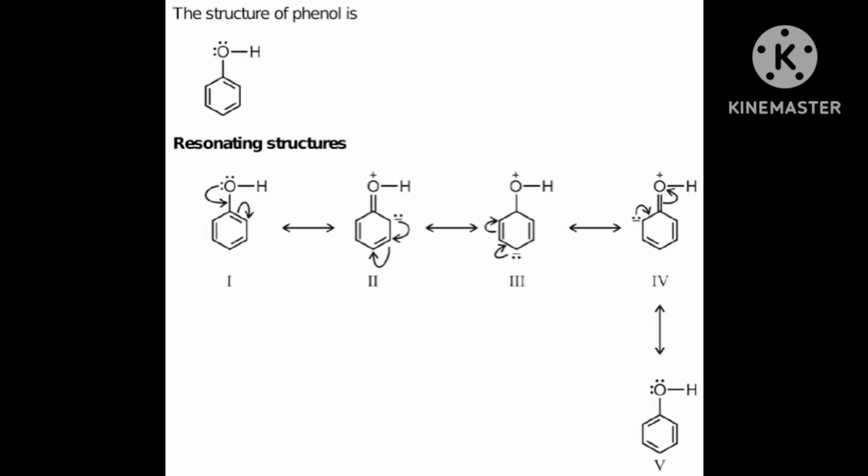Okay. And again you see in substituted phenols, the next important point I am telling you: remember phenoxide ion is more stable than phenol. This question is asked. Now further, in substituted phenol, suppose any other group is attached to phenol. Sometimes it may be an electron withdrawing group, sometimes an electron donating or electron releasing group.